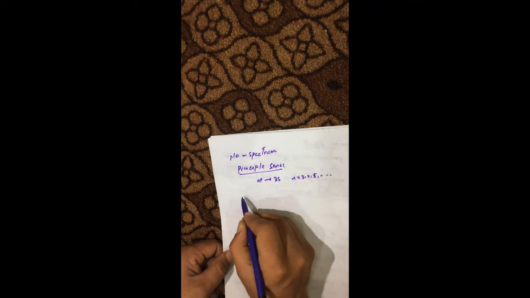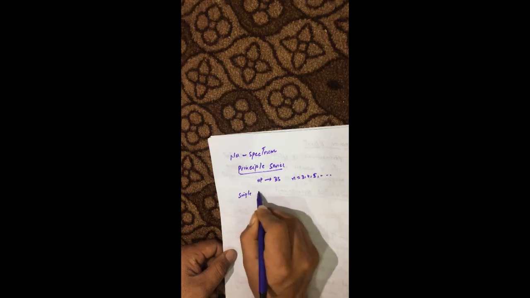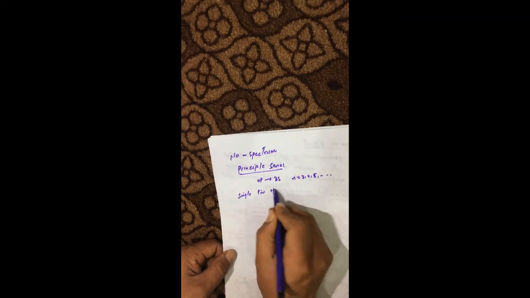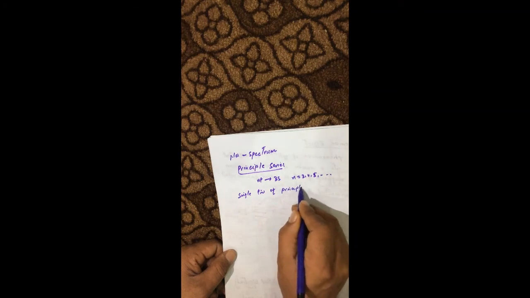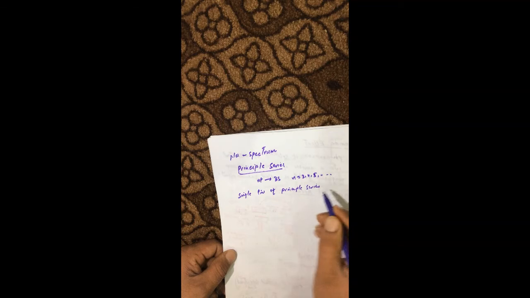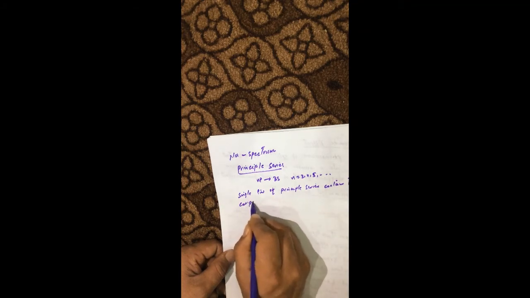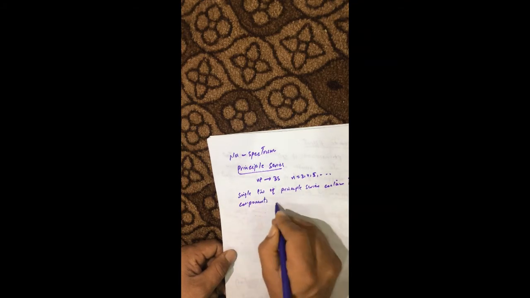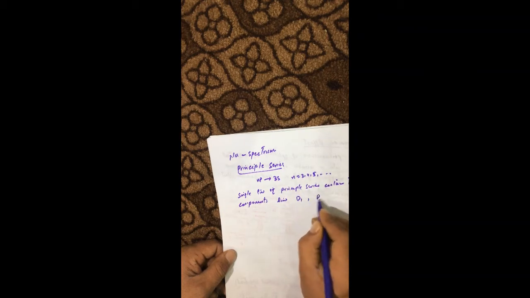And we already discussed there that each single line of the principal series contains 2 spectral lines, 2 component lines. One is called D1 and the other one is called D2.